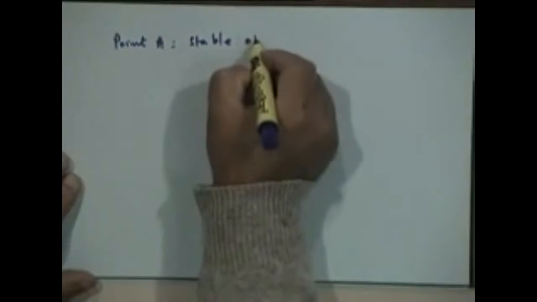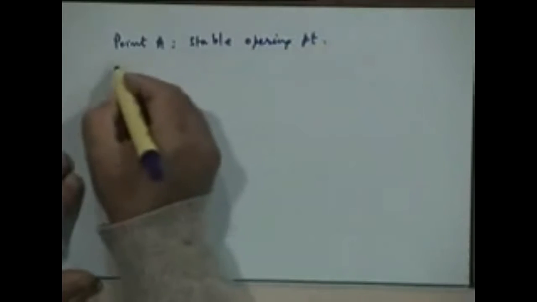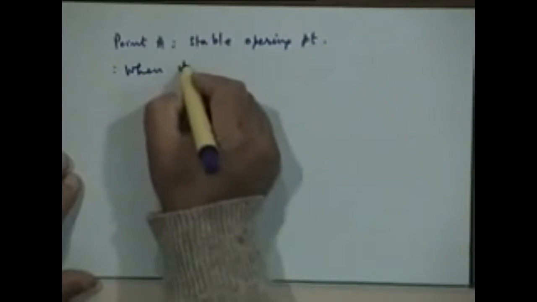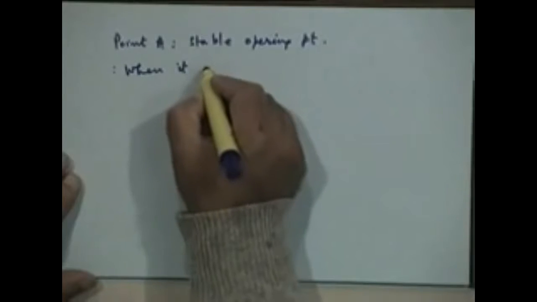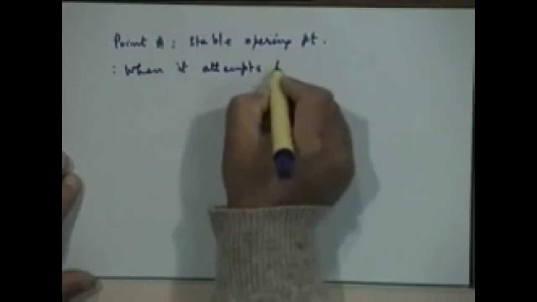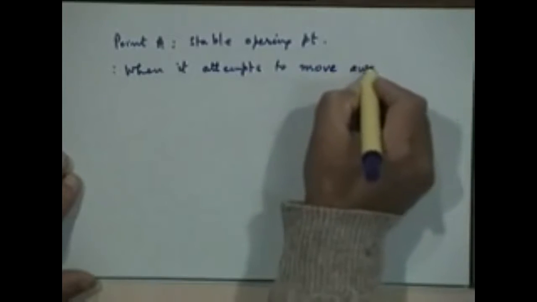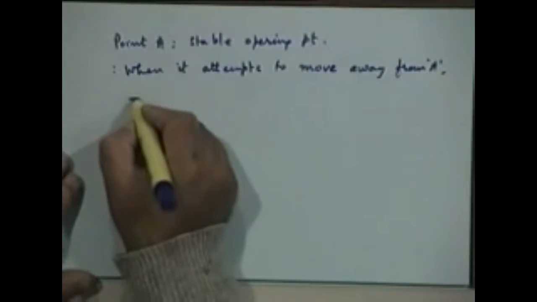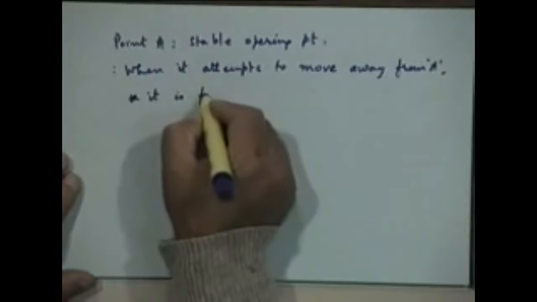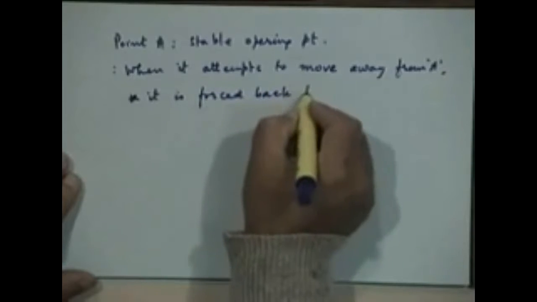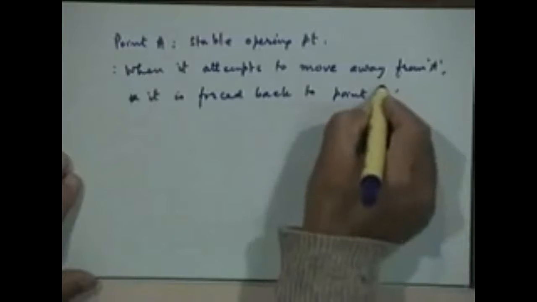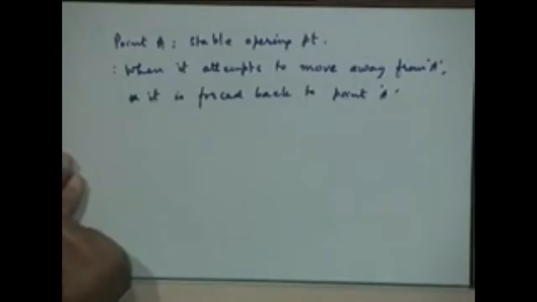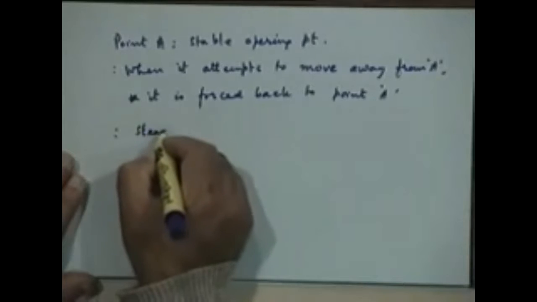So, point A is a stable operating point, as I just mentioned earlier, and the implication of that is when the operation attempts to move away from A, even by a small amount, it is forced back to point A. We can also call it the steady state operating point.